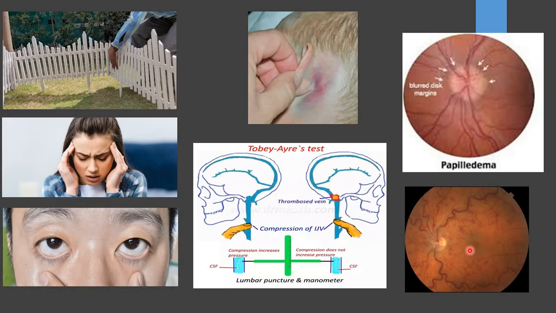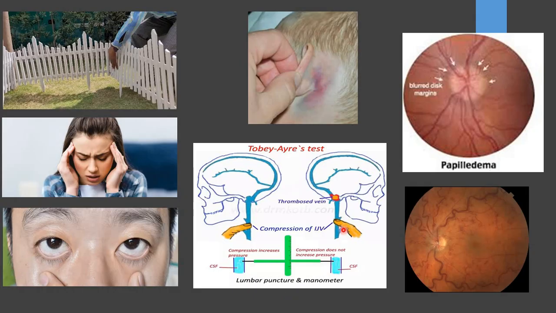Tobey-Ayer test: the principle behind this test is that when we compress the IJV at the level of the neck on one side, then there is raised intracranial pressure because of venous congestion, which is reflected as raised CSF pressure during the performance of lumbar puncture.